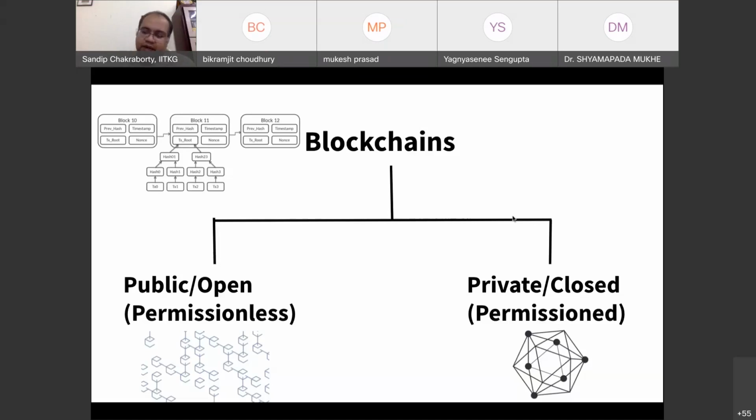In a closed network, you know who your neighbors are, or who is going to participate in the network, but you still do not trust those participants. For example, in a typical supply chain network, we have different participants like the vendors, the distributors, the wholesalers, and the last mile shopkeepers.